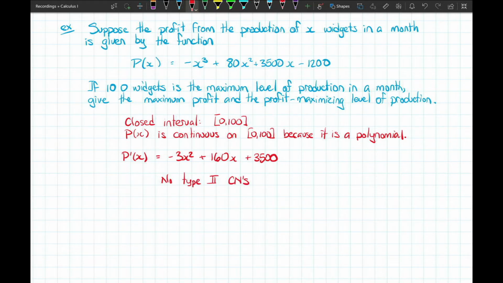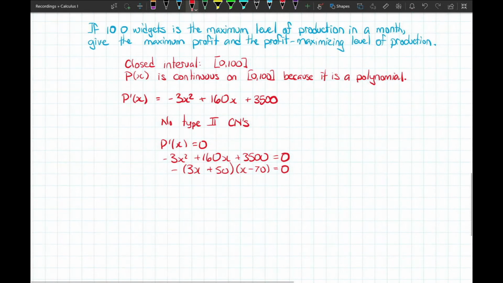In order to find type 1 critical numbers, we'll simply set p prime equal to 0. And when in doubt, of course, if you have a quadratic equal to 0, you can try using the quadratic formula. However, it might actually be possible to factor. In this case, it is able to be factored. It's not exactly the easiest couple of numbers to find, so using the quadratic formula would also suffice.